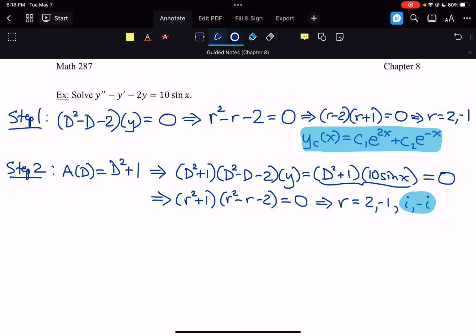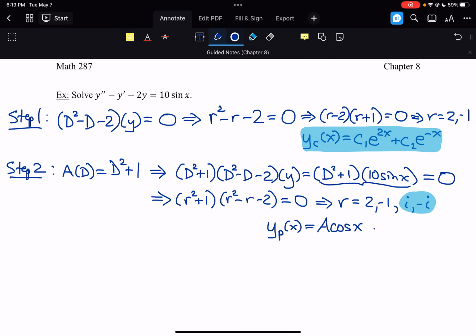So we have to think back to how we write our solution when we have complex roots like this. So remember, we have e to the ax cosine of bx, and then e to the ax sine of bx, because they always come as the pair. So we're going to get a times e to the ax, but a here is 0, right? Because this is like 0 plus 1i and 0 minus 1i. So it'll just be e to the 0, and then cosine of x, just 1x there.